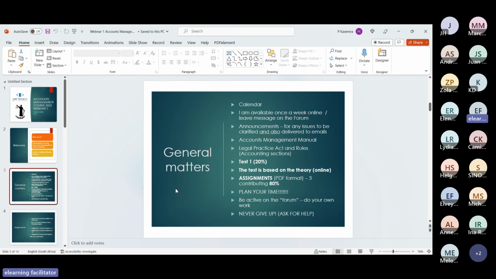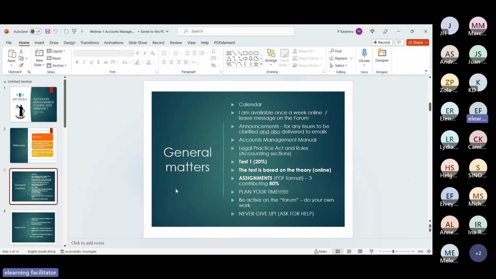Then our assignments: we've got 3 assignments that contribute 80% of the final mark. So test 1 contributes 20%, assignments contribute 80%. We consider all 3 assignments, we do not look only at the ones that you have performed well.